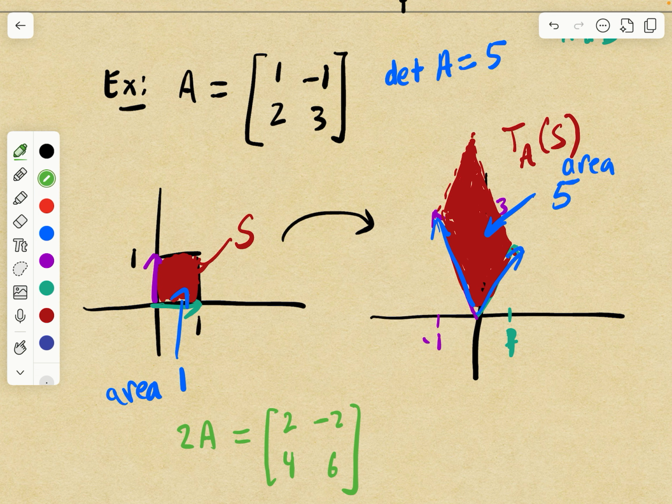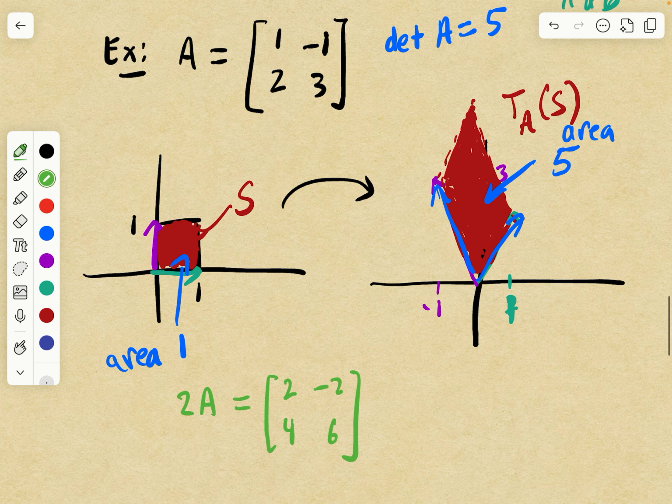And what happens to the volume? Well, in this case, the area. If I look at 2A and the image of the unit square, I'm actually going to get 2, 4 and negative 2, 6. And so what happens to the area? I have 4 parallelograms of equal area. The area also gets multiplied by 4.